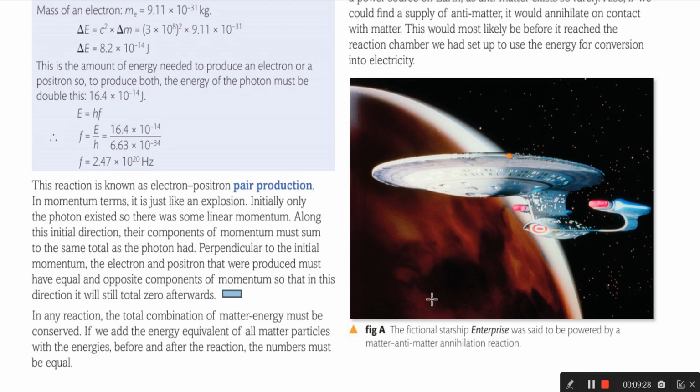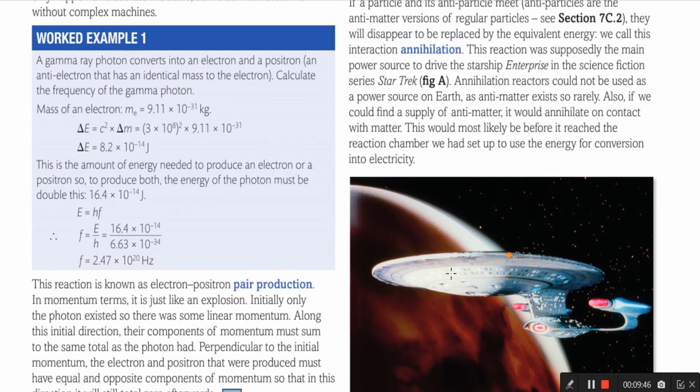So in any reaction, the total combination of matter and energy must be conserved. If we add the energy equivalent of all matter particles with the energies before and after the reaction, the numbers must be equal.